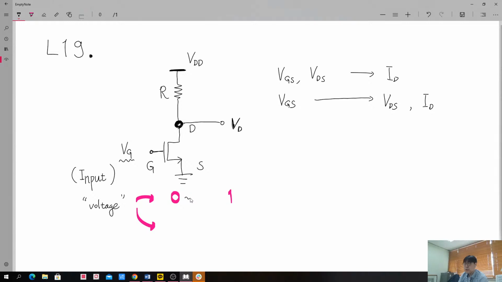Logical 0 corresponds to 0 volt, and logical 1 corresponds to VDD, the highest voltage we can imagine in this circuit. So whether 0 or VDD, those can be the two possible input voltages to our gate.